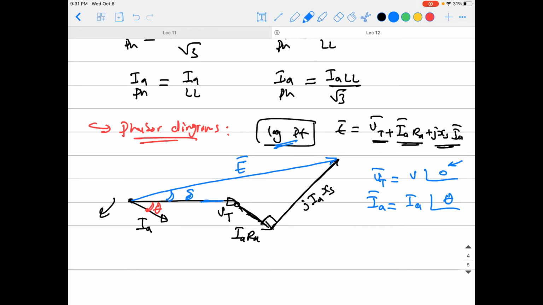The theta here is negative because it is lagging power factor. And E will also have an RMS value and angle, and the angle here is delta. Because if the voltage angle is 0, that means you're using it as a reference, so you can find the angles of the current to be minus theta because it's lagging power factor, and for E it's positive delta because this angle is up like this.